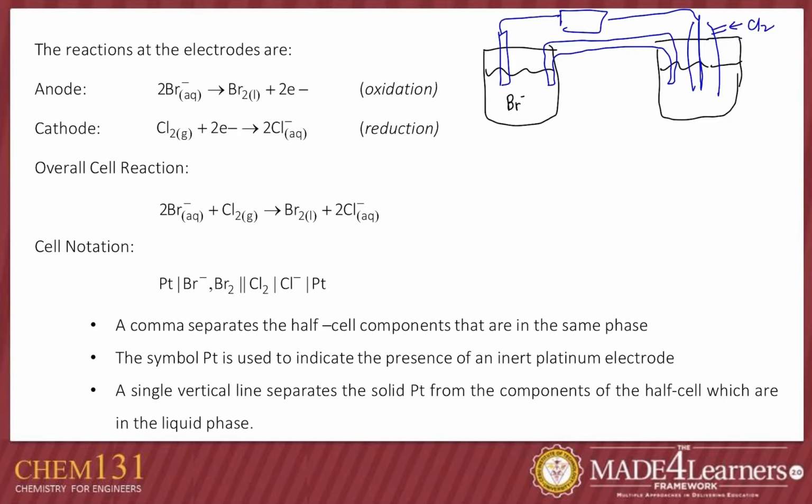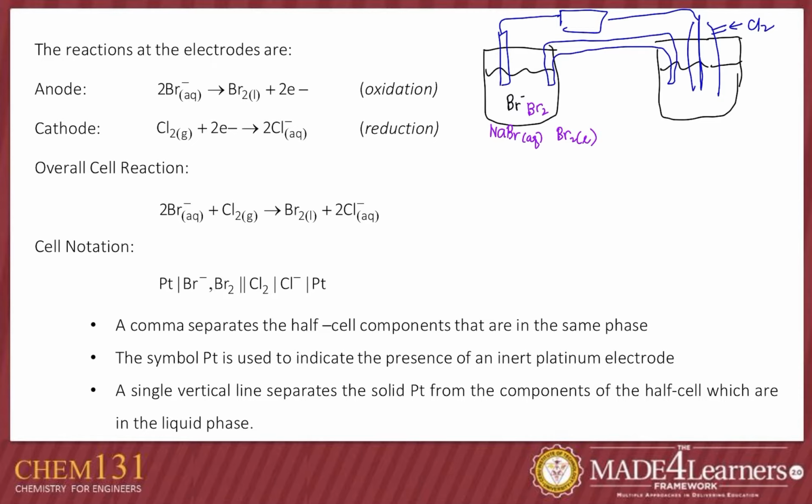So when the bromide ion loses an electron, it produces liquid bromine. Where does the liquid bromine go? It stays in the solution as Br2. So there are two there, aqueous NaBr and liquid Br2.